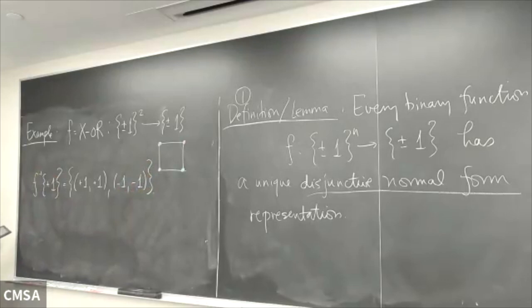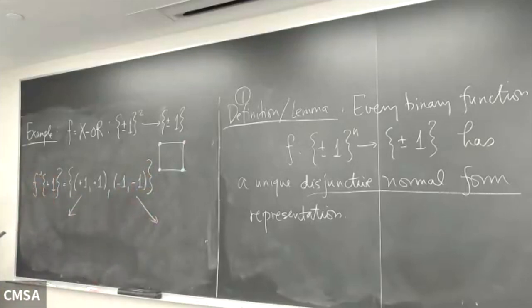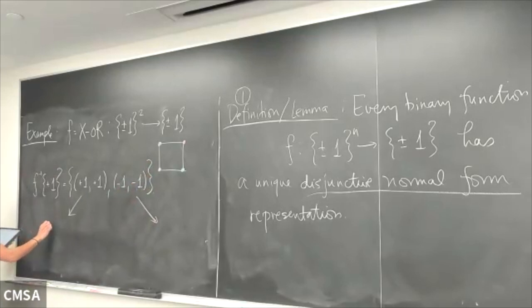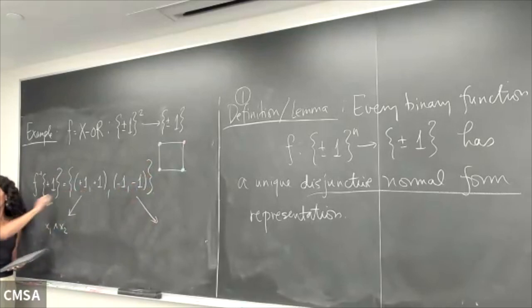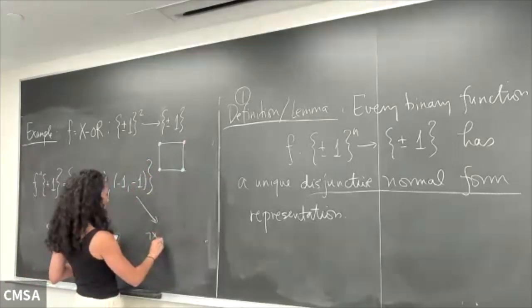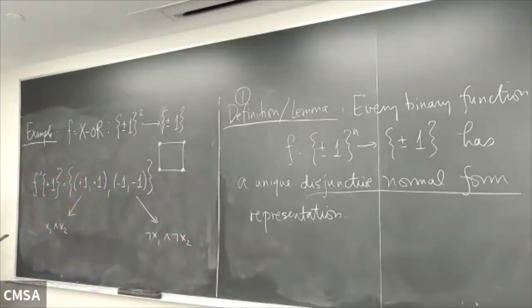And associated to each of these is a unique string of ands and nots that outputs 1 only on that vertex. So in this case, x1 and x2 outputs +1 just on this vertex, and not x1 and not x2 outputs +1 just on that vertex.